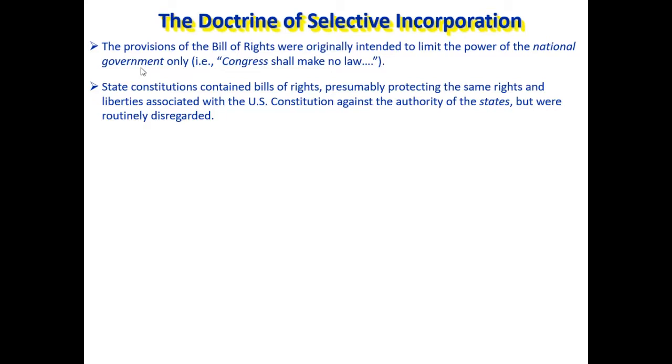For example, there were a number of states that had, despite provisions in their state constitutions prohibiting establishment of religion, official religions. Did you know that? Does that shock you as an American to learn that as late as the 1830s, Massachusetts had an official religion, the Congregational Church?